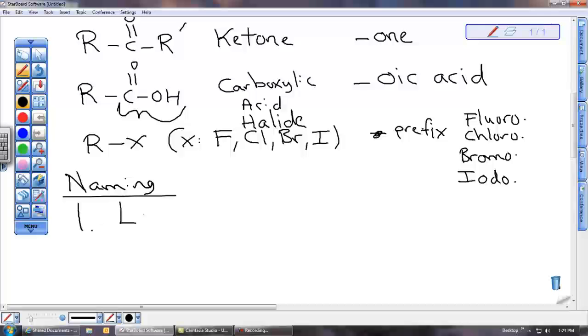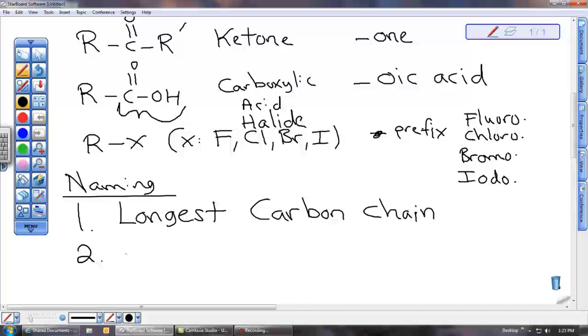First, you must find the longest carbon chain. Second, name using functional group.